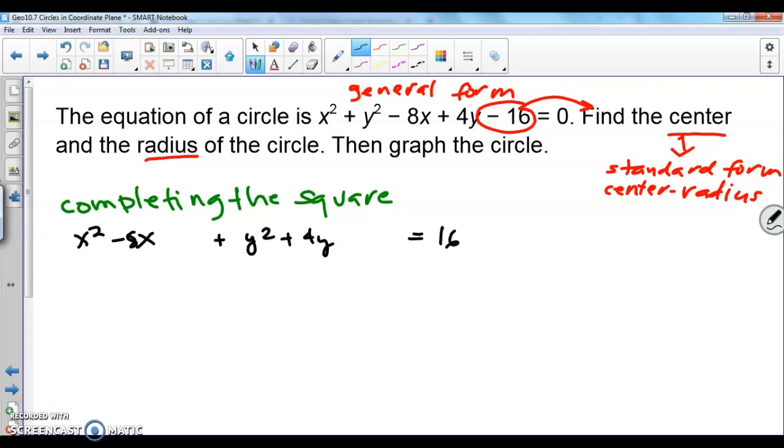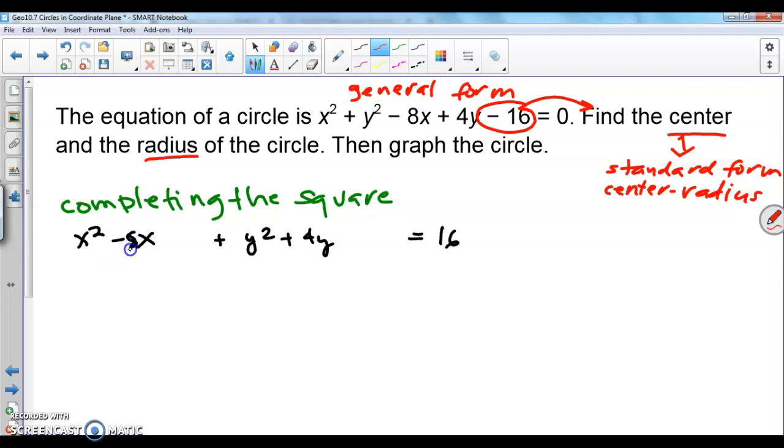Okay, so what is the first step in completing the square? After rearranging them, you're going to look at the linear term, meaning the coefficient of x, not the x squared, that's the quadratic term. So this is the linear term. The number here is -8. Get half of it.